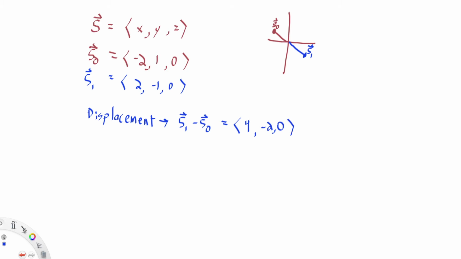A related question is, what distance did we cover in that time? So the distance is the magnitude of the displacement vector.